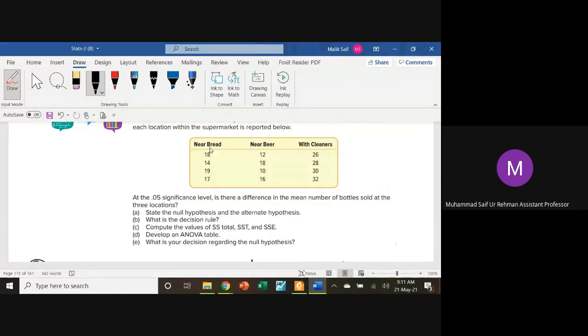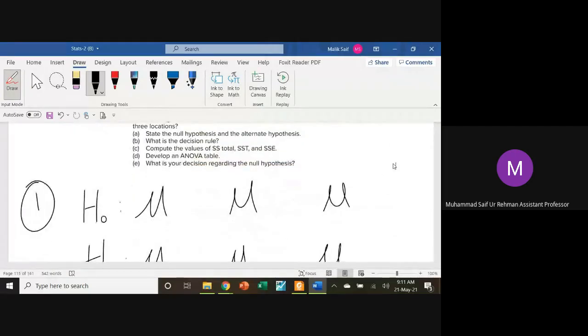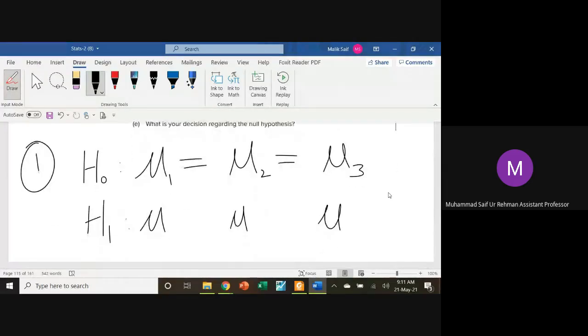There were 3 populations, so there are 3 samples, 1, 2, 3: near bread, near beer, and near other cleaners. So you may write mu1 is near bread, mu2 is near beer, and mu3 is near other cleaners. The equality sign means all means are equal.